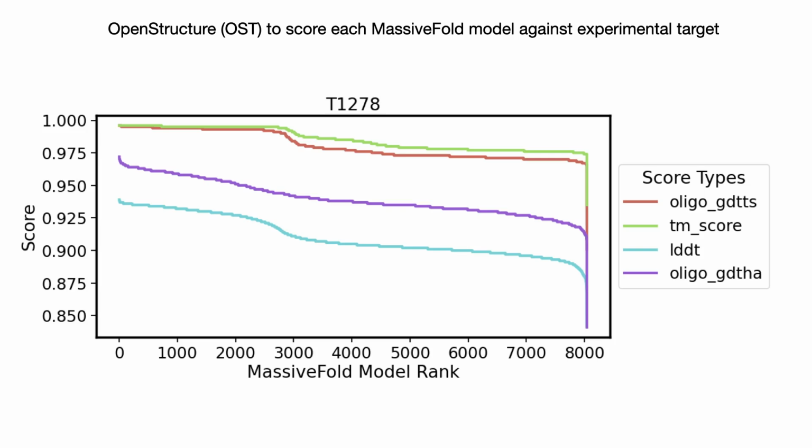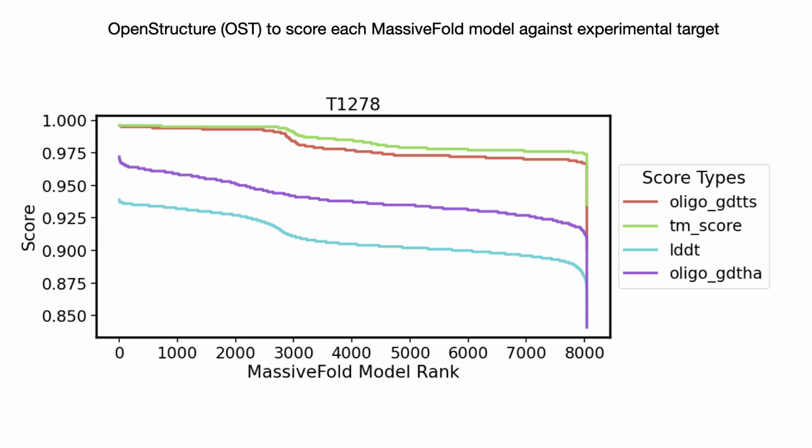And this is how the Massifold models in the data set for this target would rank if we look at different types of scores. You can see that for some of these especially, the distribution is quite flat. So there are a lot of models in this data set that are of similar quality. And this is what we saw for quite a few of the targets that we were looking at.